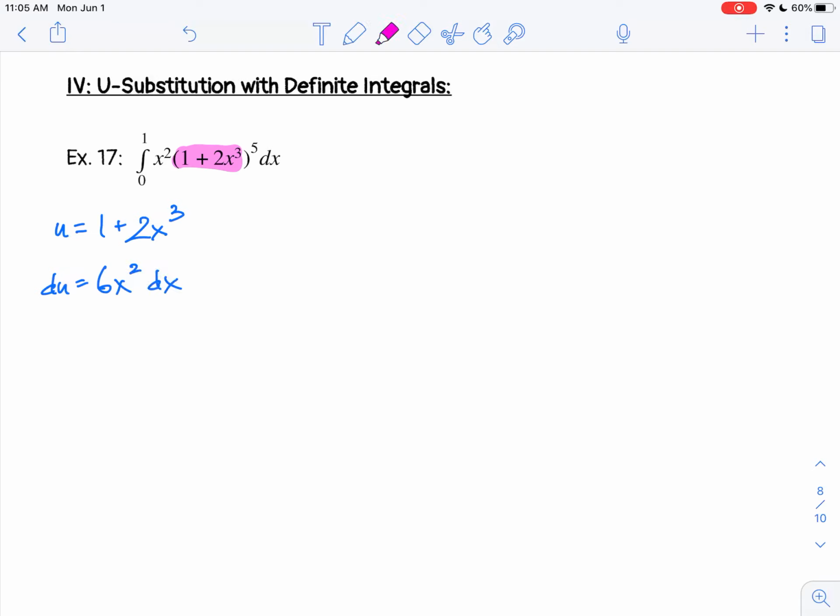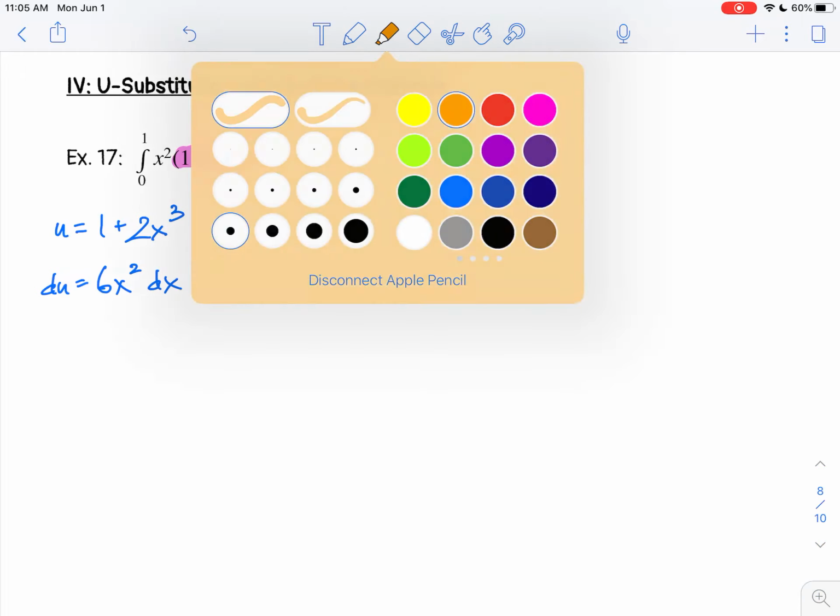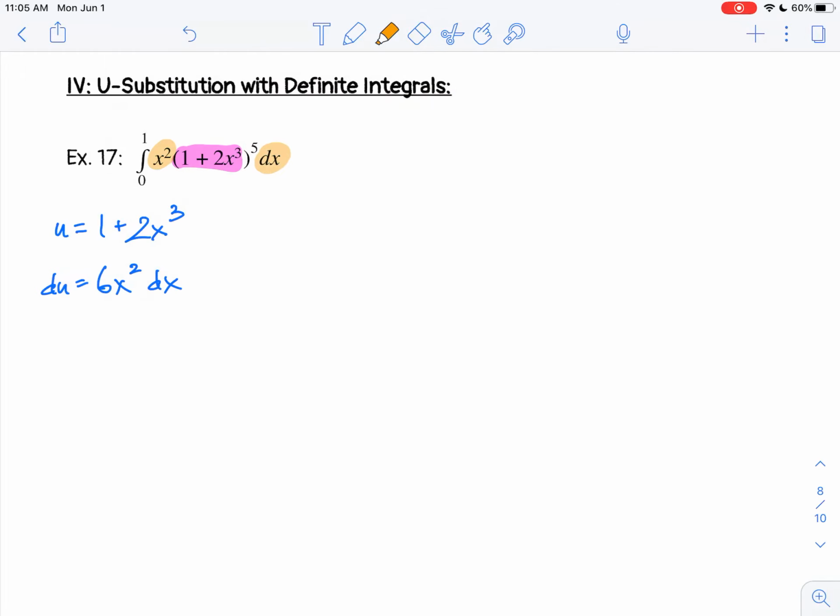Now I notice that in my integrand, I only have x squared dx, so I'm going to divide the 6 to the other side. du over 6 equals x squared dx. Now, everywhere I see that x squared dx, I'm going to be able to replace it with du over 6. So that part's not different.